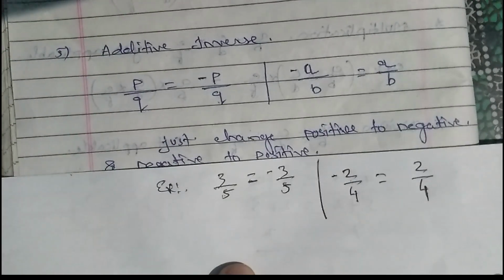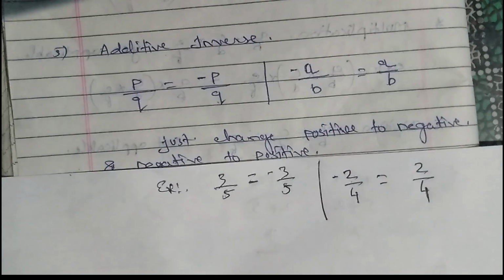Now what will be the additive inverse of 0? There can be a question like this. So we can say that the additive inverse of 0 is 0 itself. You cannot write 0 as negative because 0 is neither negative nor positive. 0 is a neutral number.